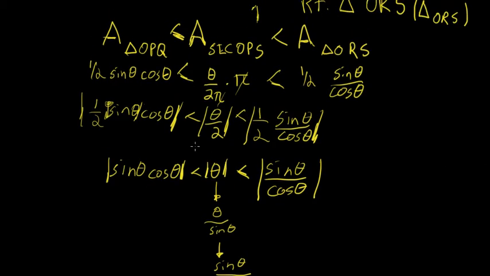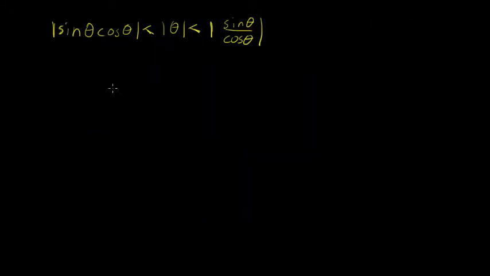Well, I'm going to start with this inequality here, and then we're going to be doing some algebra. This is the compound inequality rewritten here. We know that the absolute value of a product is equivalent to the product of the absolute values. So the absolute value of sine theta cosine theta is the same thing as the absolute value of sine theta times the absolute value of cosine theta, which is less than the absolute value of theta, which is in turn less than this absolute value of sine theta over cosine theta.